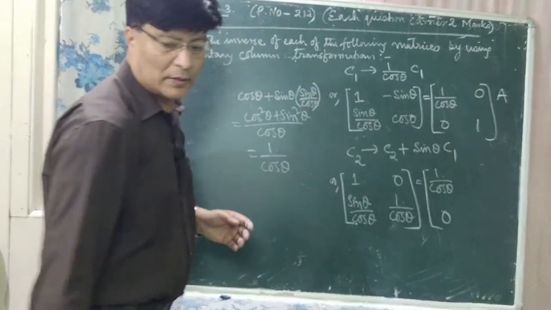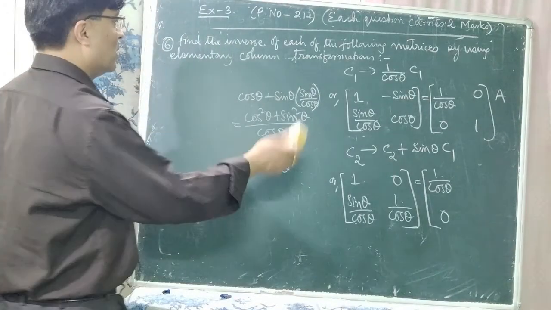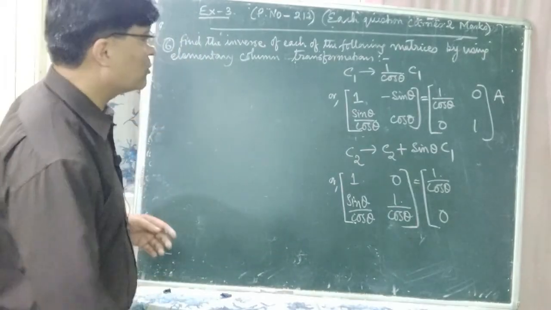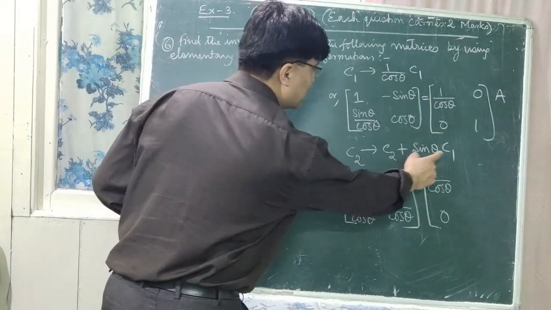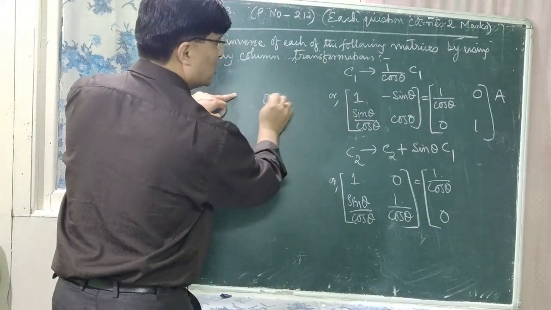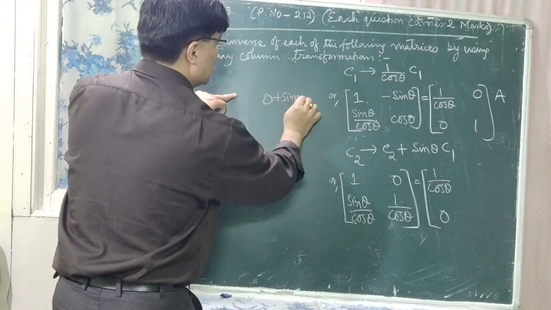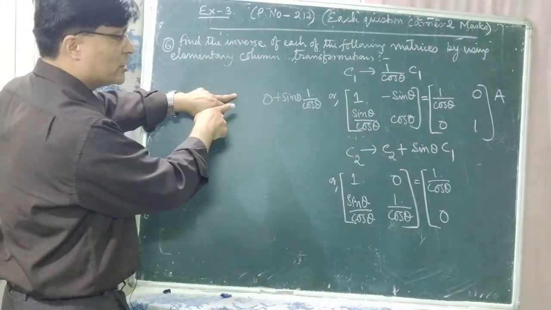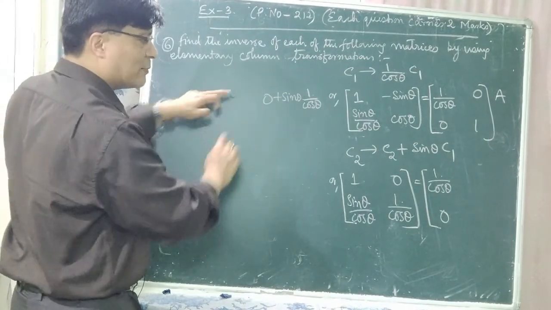Okay? Now here the first column remains the same, that is 1 by cos theta, and it is 0. So how does column 2 change? C2 is equal to C2 plus sin theta C1. So here C2 means 0, 0 plus sin theta into 1 by cos theta, which is equal to sin theta by cos theta.